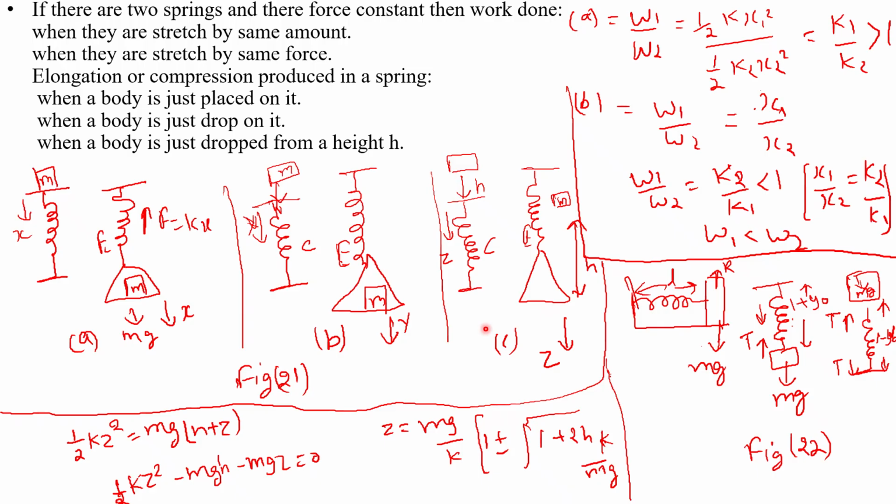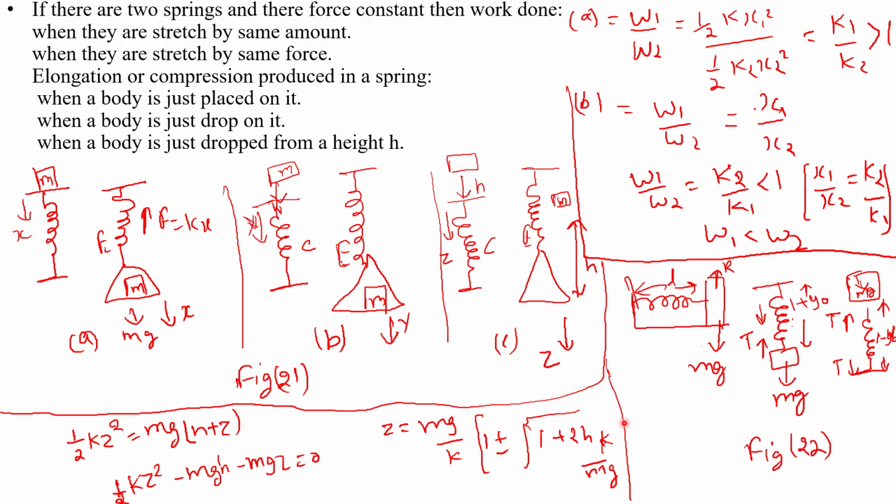So by conservation of mechanical energy, half of k z square is equal to mg (h plus z). Here we see z is equal to mg by k, bracket of 1 plus root of 1 plus 2hk by mg.